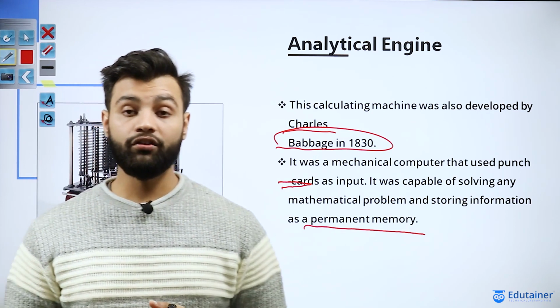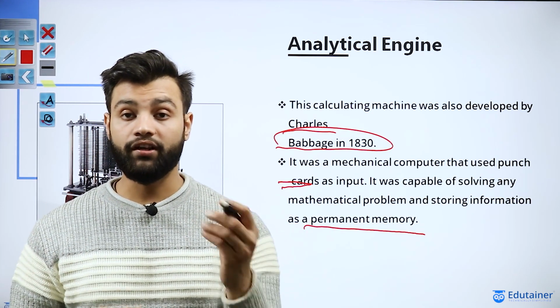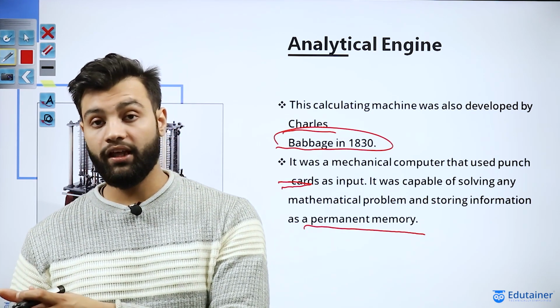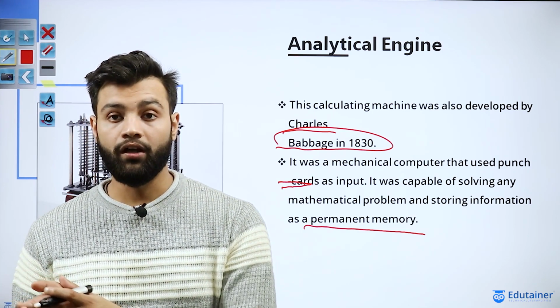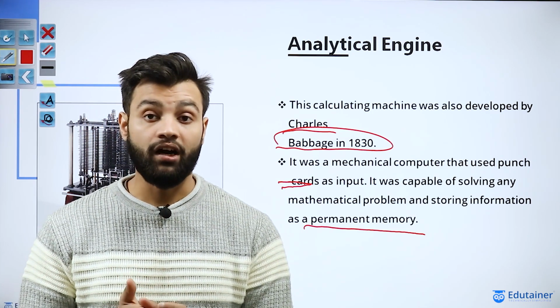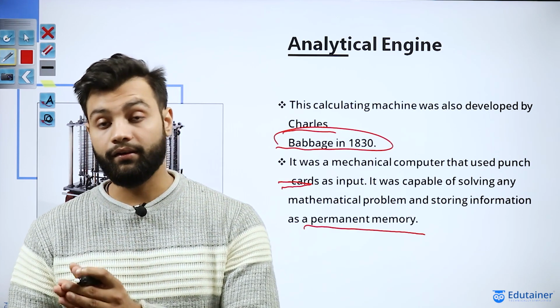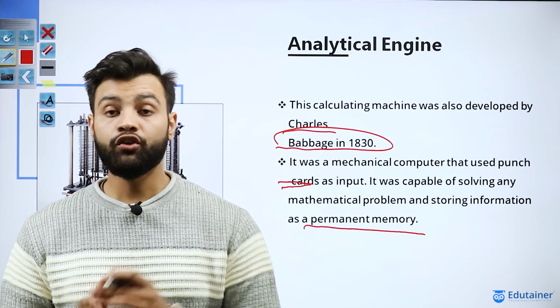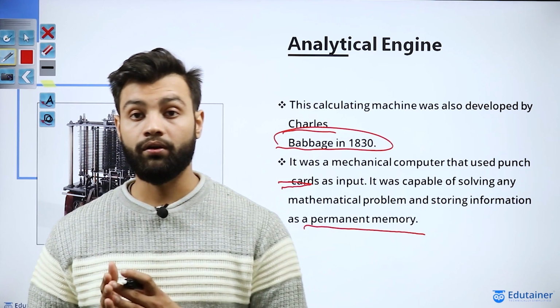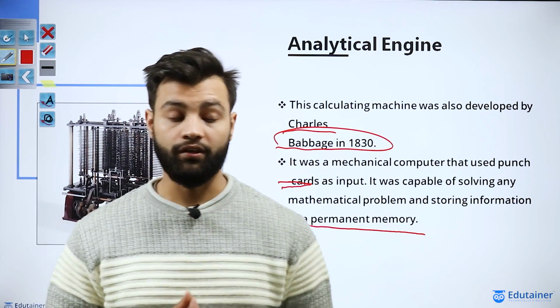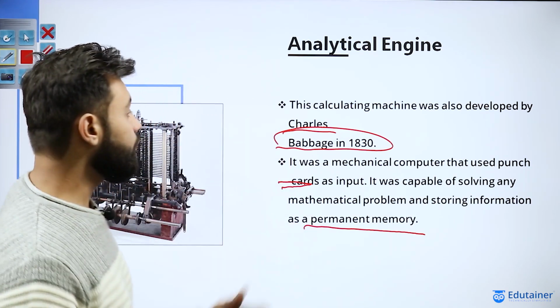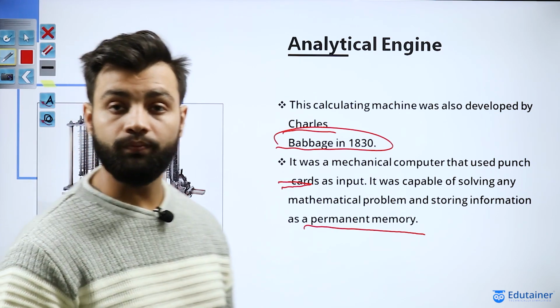As I told you about the block diagram previously, you give an input and you get the output also. So over here the input was punch cards, and the machine was capable enough to store, so it had its own memory. This was made by Charles Babbage too.